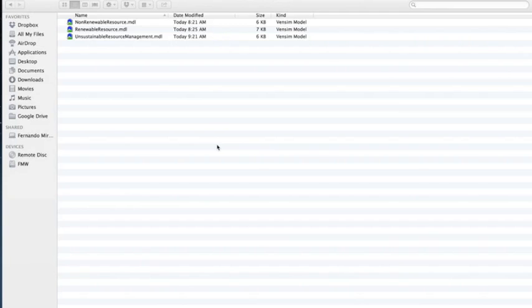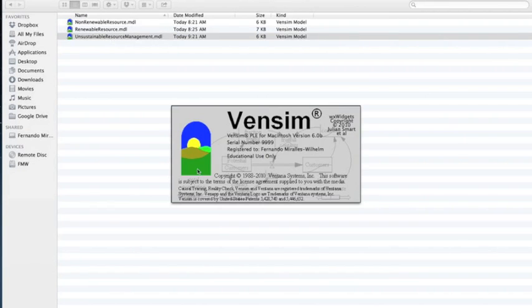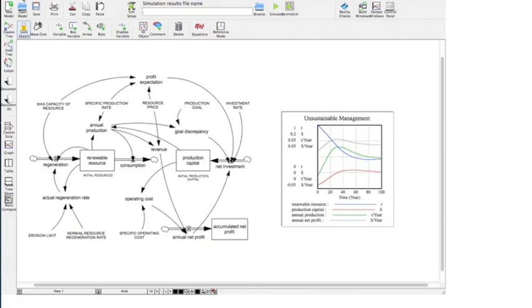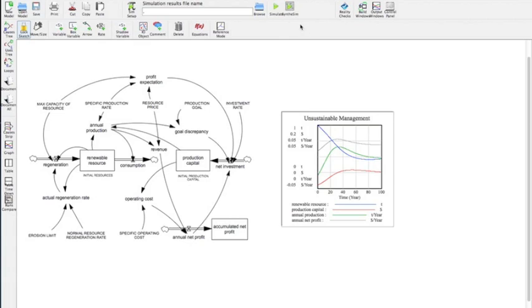I wanted to quickly show you a model of unsustainable resource management. So let me open this model up in Vensim and just walk you around the model itself. Basically this model is exactly the same as I showed you before for the renewable resource management. You can look at it, and it's got the same three stocks and most of the same variables.